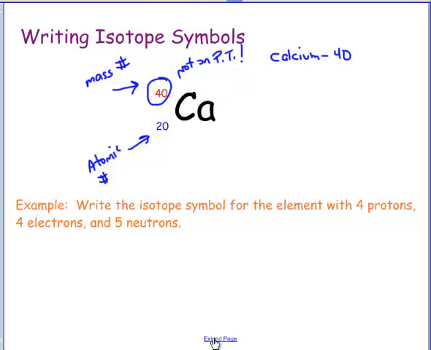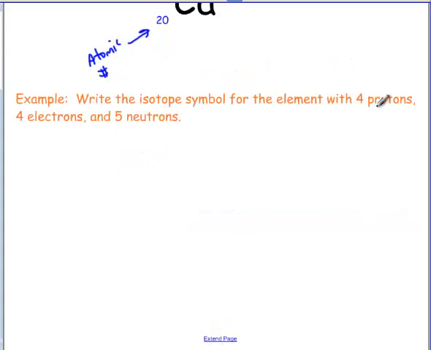Another way that you'll be asked to use this information is to be given the number of protons, electrons, and neutrons, and you are asked to write the symbol. So if we have these particles, it's the proton that determines the identity of the element. So if you go to your periodic table and find element number 4, or element with the atomic number of 4, that's beryllium.